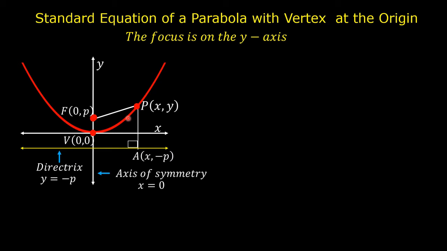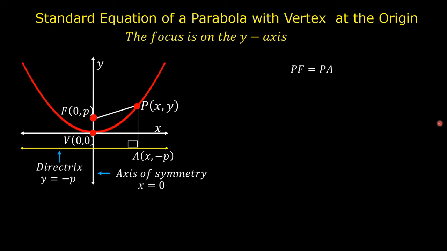According to the definition of a parabola, every point on the parabola is equidistant from the focus and the directrix. That is, the distance of P from F is equal to the distance of P from point A or from the directrix. Based on the definition, PF is equal to PA.